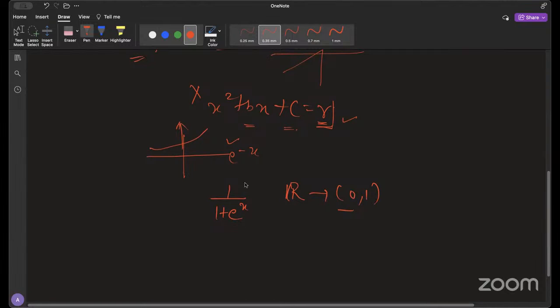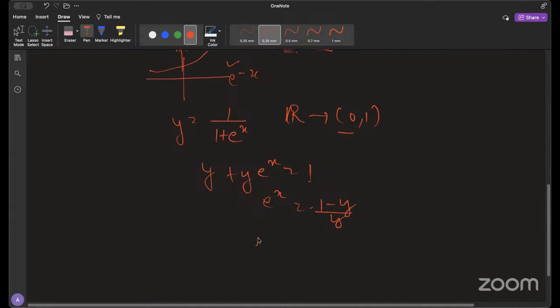So if you try to find the inverse of it, the inverse will be this, natural log of (1 minus x) by x.